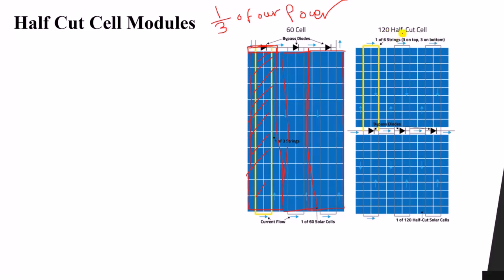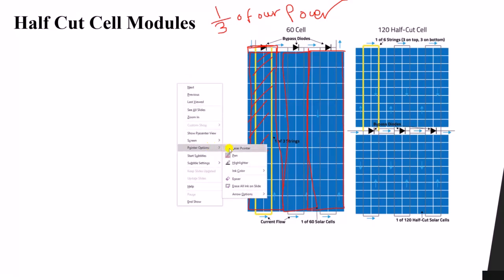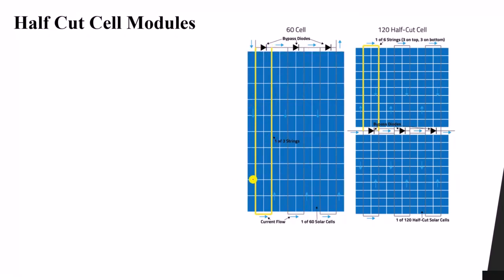Now what if we have a half cut cell? Instead of 60 we will have 120, because we divided each cell into 2. So what will happen here? If you look at this figure compared to this one, instead of having 3 strings, you will find that we will have 6 strings.